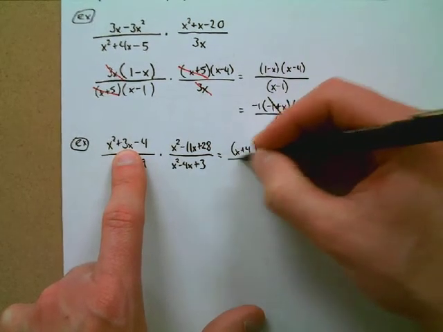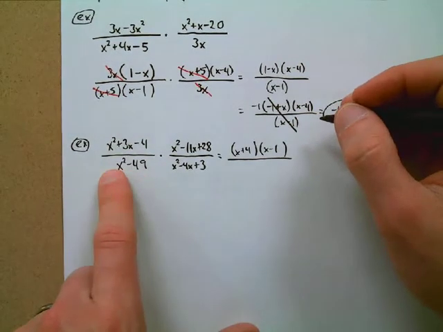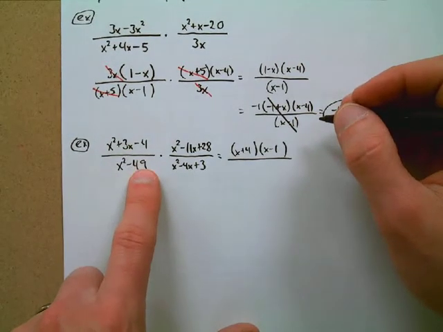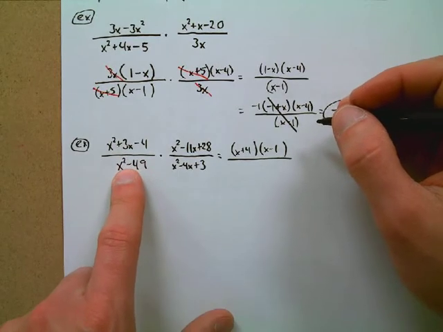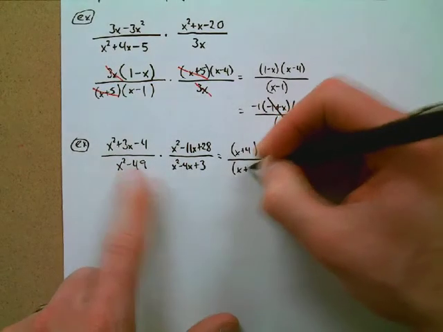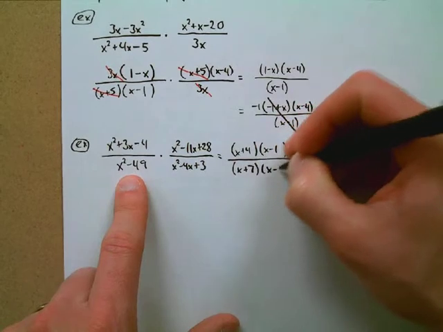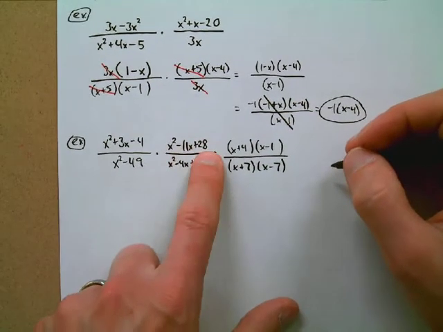Over. Okay, for this one, right, we're looking for two numbers that multiply to make negative 49 but add to make, well, there's no middle term, so we'd say 0 there. So multiply to negative 49 but add to make 0. Yeah, x plus 7, x minus 7, right? That's that difference of squares right there. Okay. How about this one? Two numbers that multiply to 28 add to negative 11.